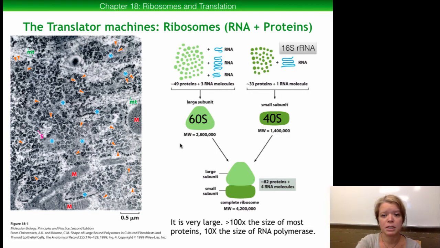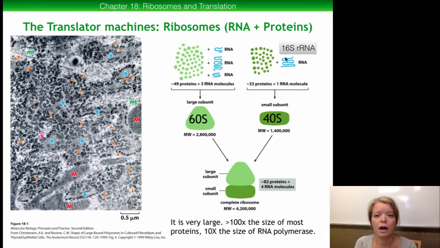The sedimentation rate for the large subunit of the ribosome was about 60S, and the sedimentation rate for the small subunit was about 40S. And since people have worked on ribosomes for decades, that's why they were originally named the 60S and the 40S ribosomal subunits, or the large subunit versus the small subunit.